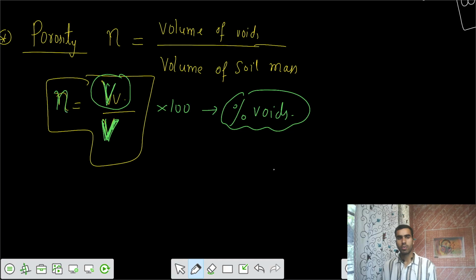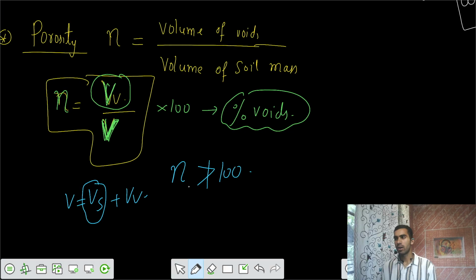That is represented by porosity. If there is some soil, the total volume of the soil is the volume of solids plus the volume of voids. Since there is always some volume of solids, your porosity is never greater than 100%. Your percentage void is never greater than 100%. So this is your criterion.